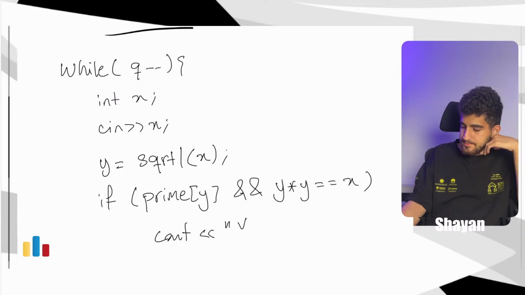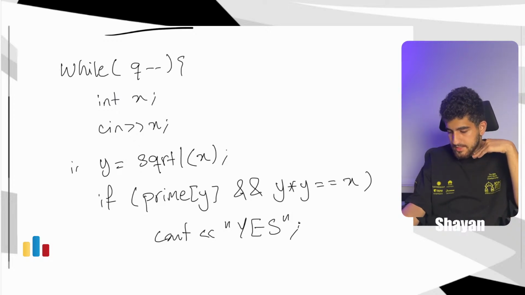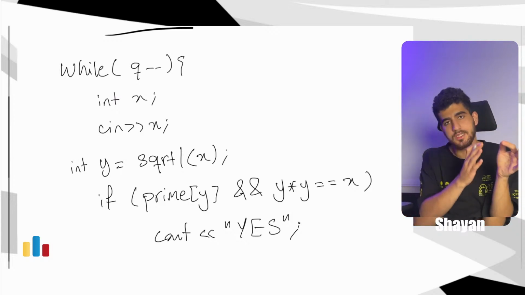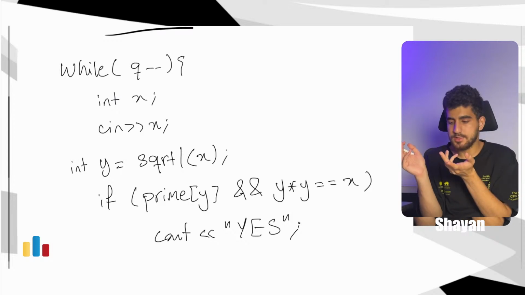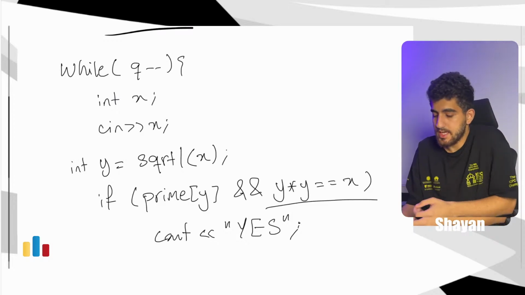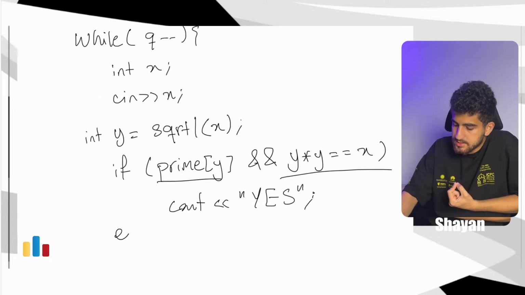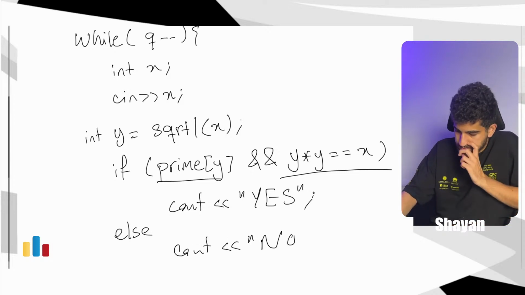It means that x is y squared exactly, because you are casting sqrtl of x to an int, so you're rounding it. Maybe y times y is not exactly x, it's around x. So if it was exactly x, it means that x is equal to y squared, and y was a prime number, you have to print yes, else you have to print no. And that's all about this problem.